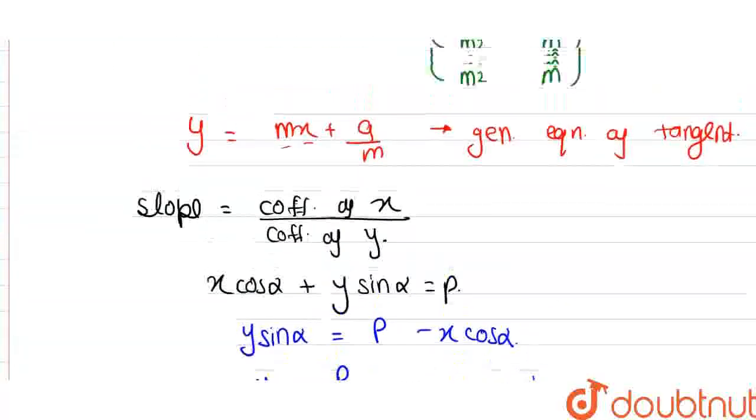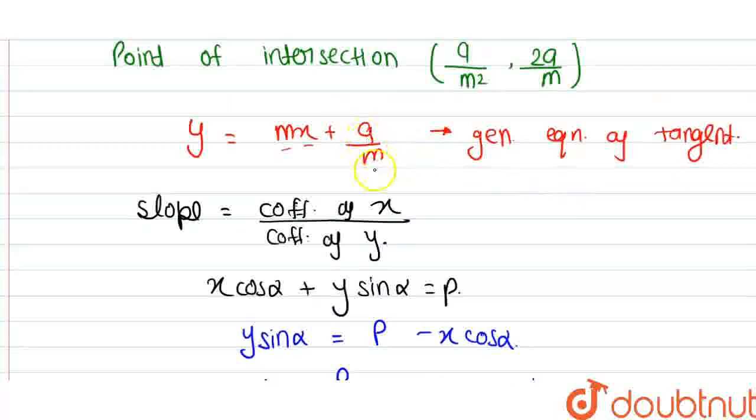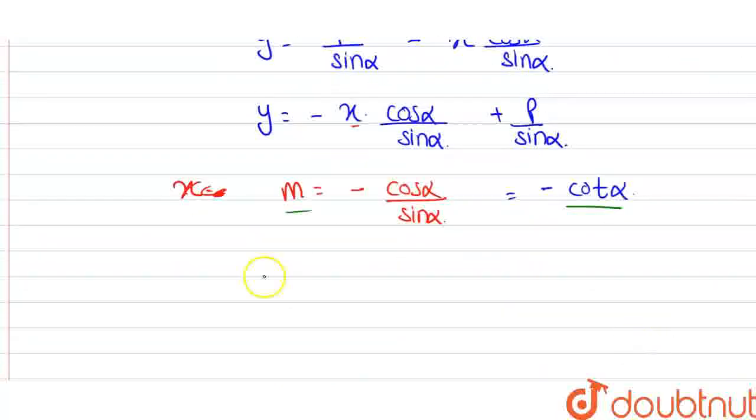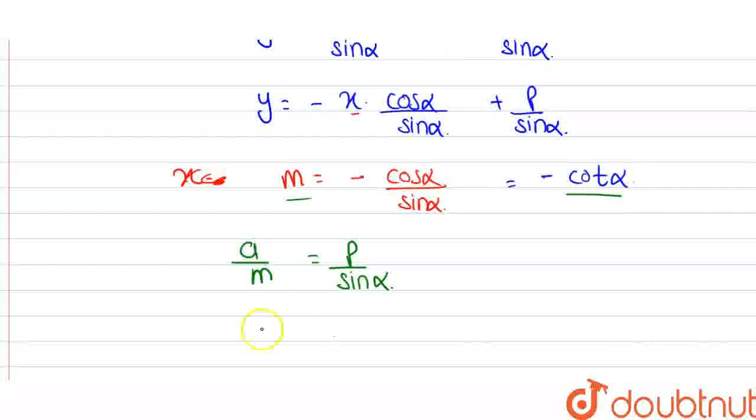Now comparing the constant terms, the value a by m is equal to p by sin alpha. So a by m is equal to p by sin alpha. Now put the value of m that we have already calculated: a by minus cot alpha is equal to p by sin alpha.